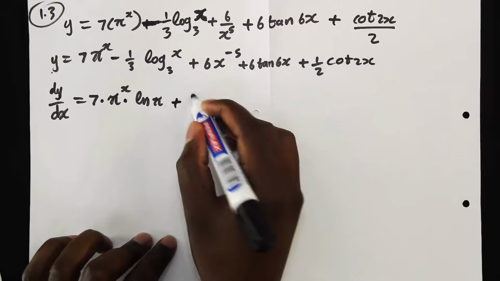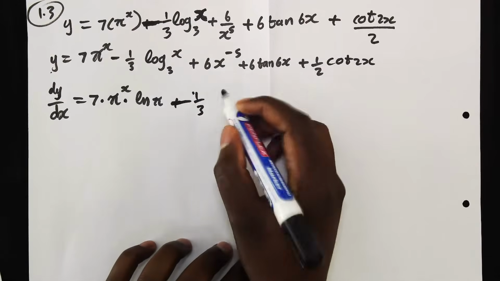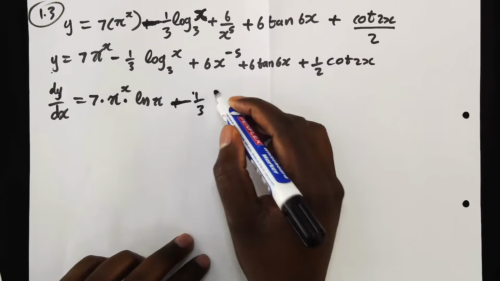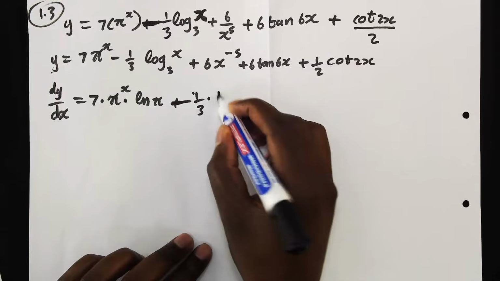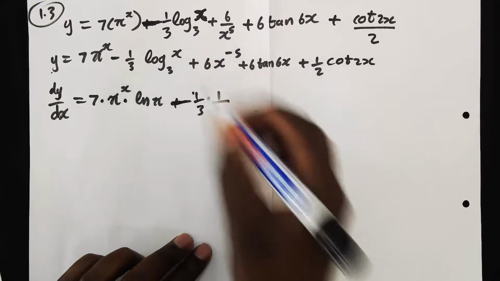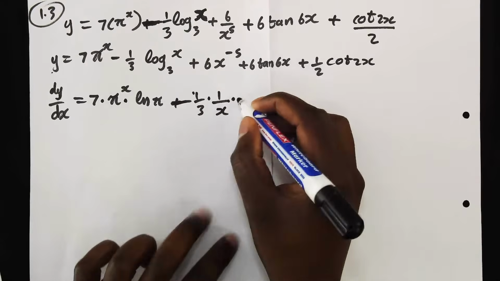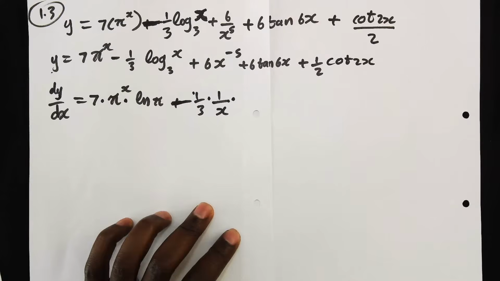Okay, so the second one is this negative 1 over 3. We know the derivative of logarithmic functions. We must say 1 over what? 1 over the function inside the log, which is x. We must multiply by the derivative of the function inside the log, which is 1.